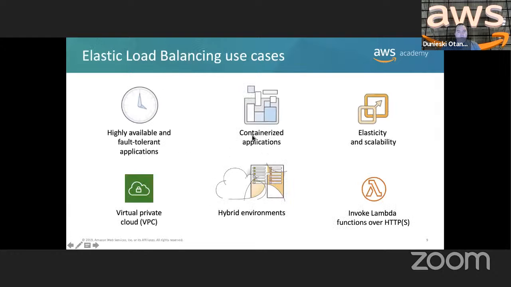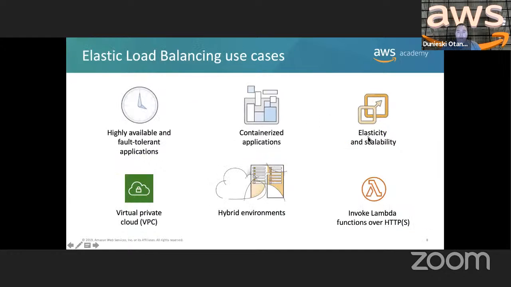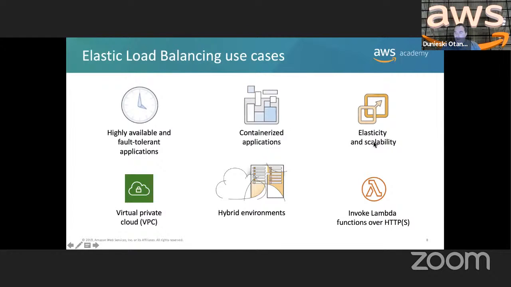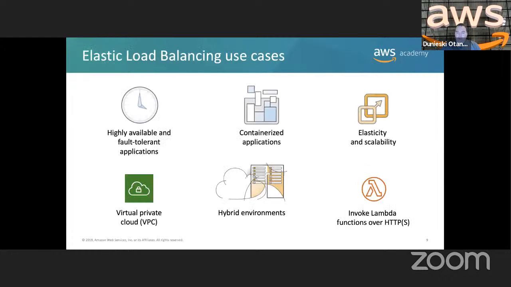It can work with containerized applications. It doesn't only work with EC2 instances, it also works with containers. It also is elastic and scalable, right? You may need to scale across multiple availability zones.